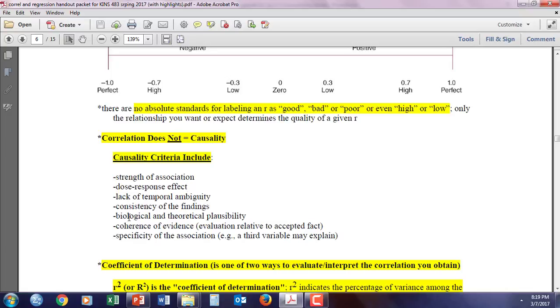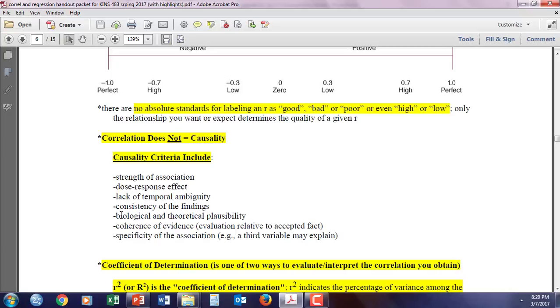Also, if something is causal, there really needs to be biological and theoretical plausibility. That's a fancy way of saying there needs to be a mechanism that makes sense. Maybe some of the chemicals that are in cigarette smoke alter some of the DNA, alter some of our immune capabilities such that cancer cells are able to proliferate.